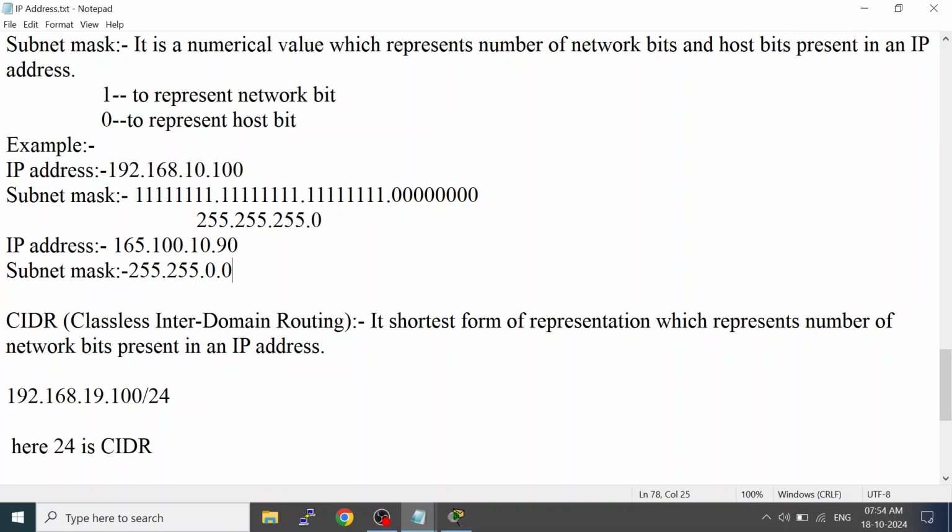The rest you are very good at in mathematics. By seeing this number, you can calculate that if 24 bits are network, then how many bits are host. So CIDR is the shortest form of notation which notifies in any IP address how many bits are network. We write a slash and then that value, and this value is called the CIDR value. Clear?